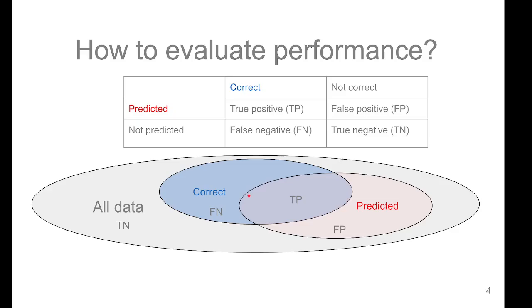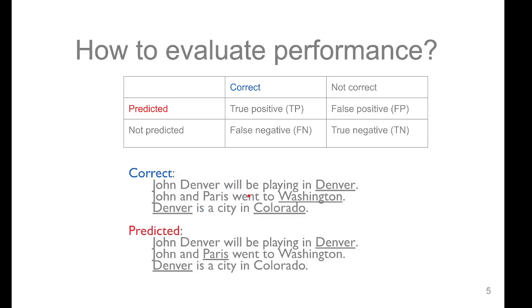How can we maybe aggregate them to express something that is a little bit easier to understand? Let's make a concrete example. Think back of our recognizer of location and sentences like: Don Denver will be playing in Denver. John and Paris went to Washington, and Denver is a city in Colorado.